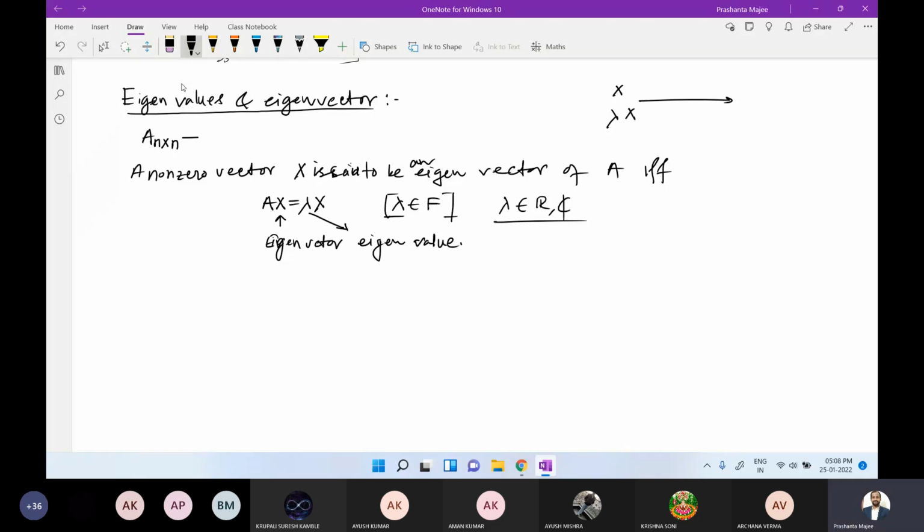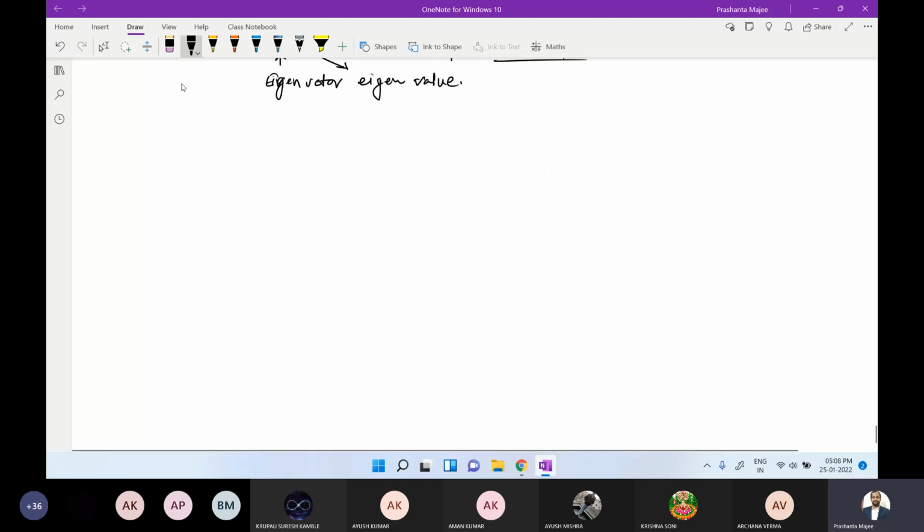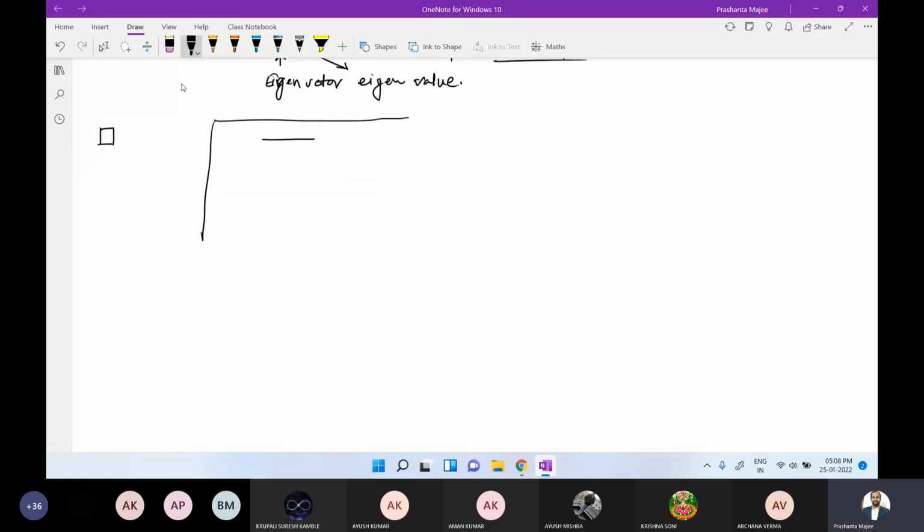Let us see another application of this concept, finding eigenvector and eigenvalue. Suppose in a hypothetical situation, you have a large multi-storied building which is affected by some virus. This is the building perimeter. It is separated from the outside world.